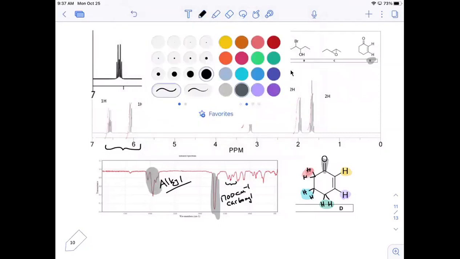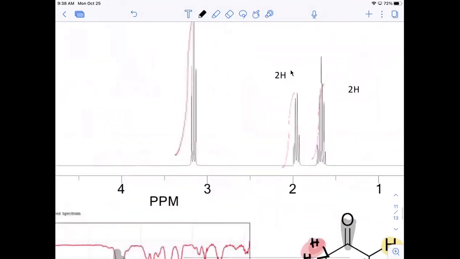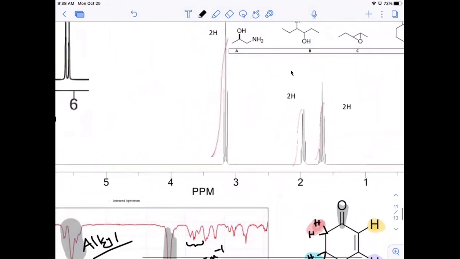All right. So what do you think for the pink color protons? You can see that it's a triplet. Don't be shy about it.